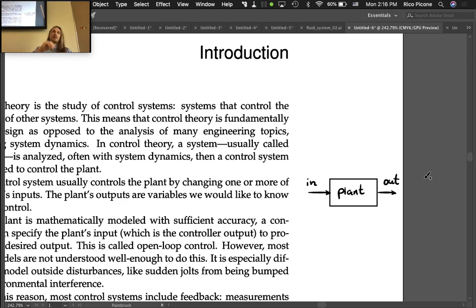We would like that angle to be, say, 32 degrees at some point. Other outputs could be the temperature in the room, or the altitude of a plane. There are all kinds of different outputs that we would like to have behave in a certain way. The inputs are things that are going to change what's going on in the plant, hopefully to change what the output is going to be.